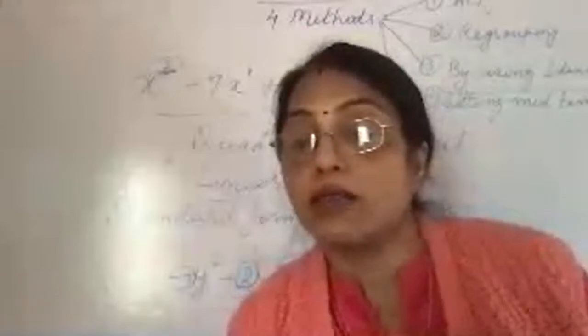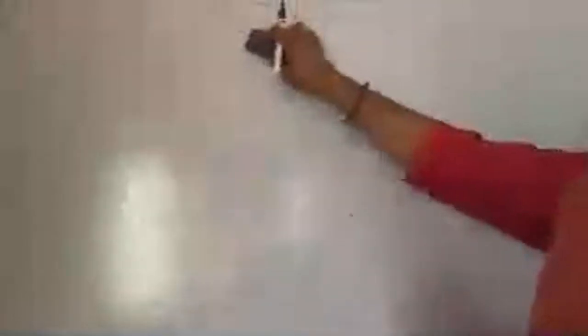So is it clear now? A is minus 1, B is 2, and C is minus 3. Now, next we arrange the quadratic polynomial for splitting the middle term in the decreasing order of the variable.